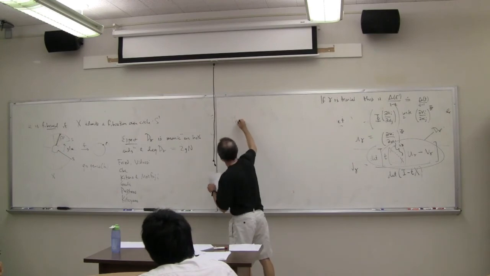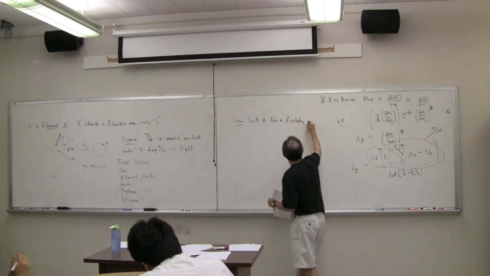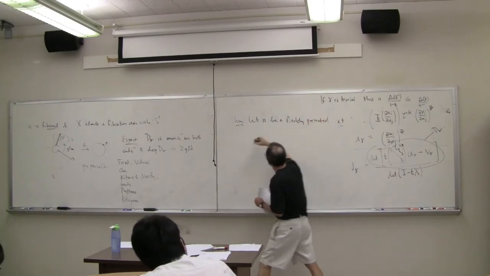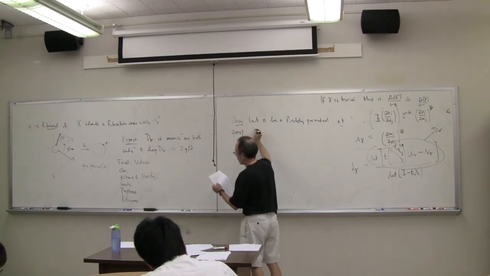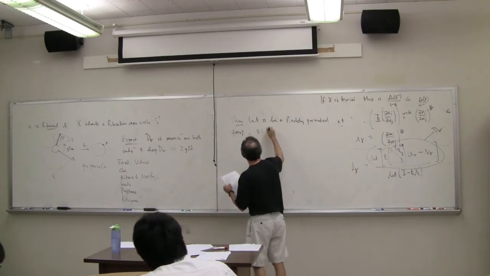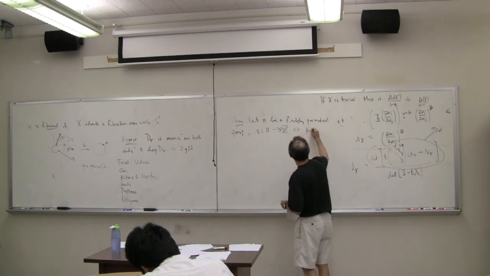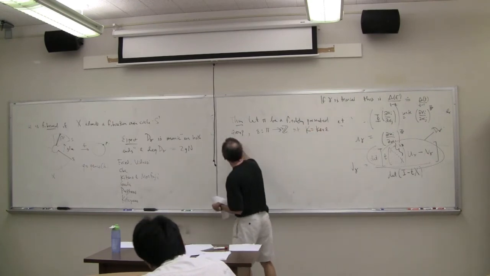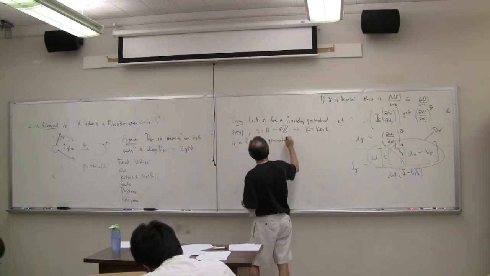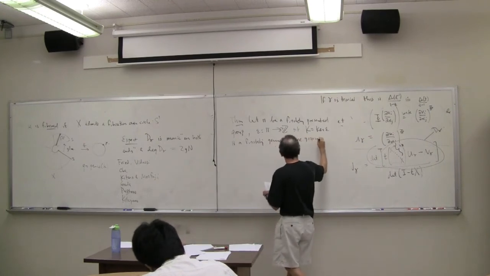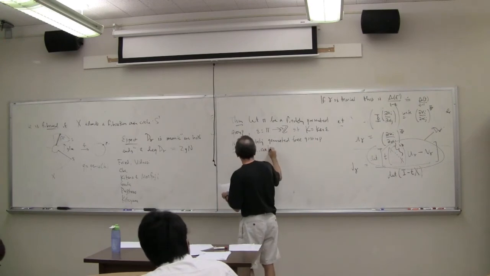But here, theorem. Let pi be a finitely presented group, and epsilon an epimorphism from pi to Z such that the kernel of epsilon is a finitely generated free group. Let's say of rank little n.